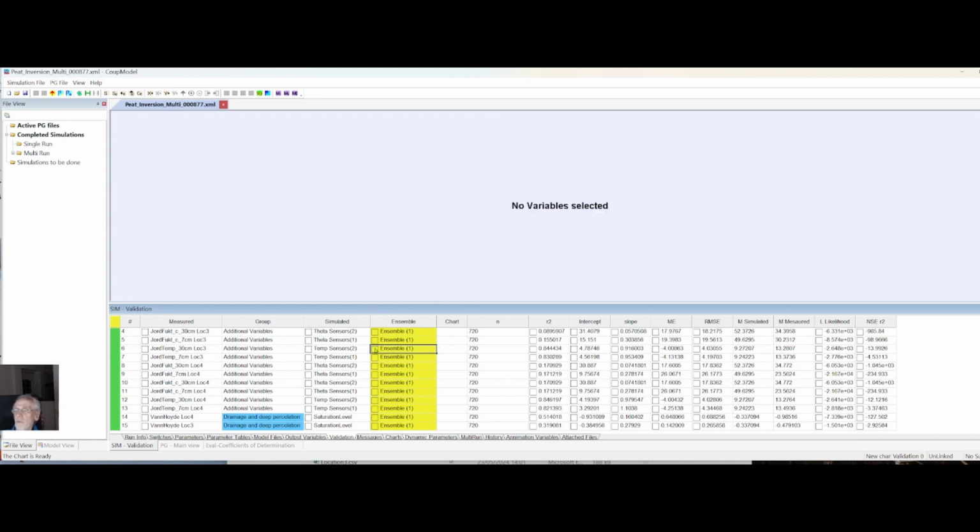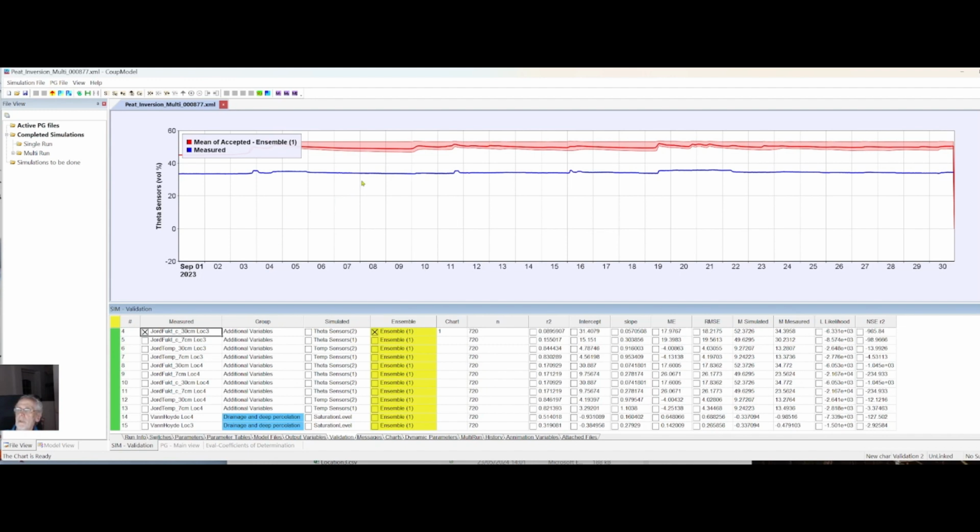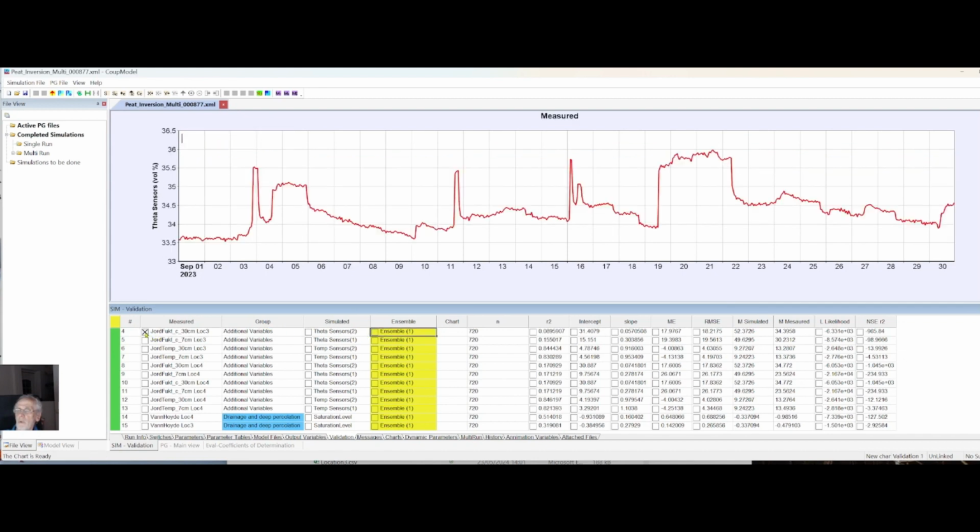But first of all, we have to admit that if we now compare, for instance, our theta sensor with the measured, they differ a lot. This is much lower, this is much higher. So that's obvious that we have much more of, and this was if we looked only at the measured.